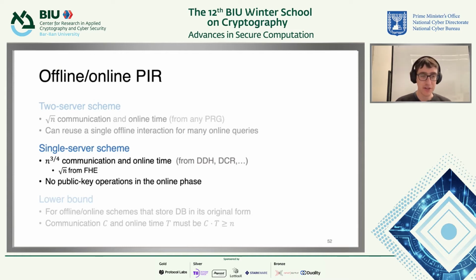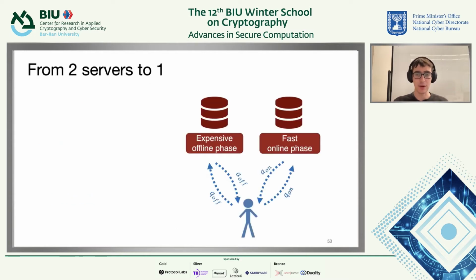And I should just mention, we won't see this today, but if you're interested, by using fully homomorphic encryption, you can construct single server offline online schemes that have better communication and better online time. Okay, so let's see how we should go about constructing a single server scheme.